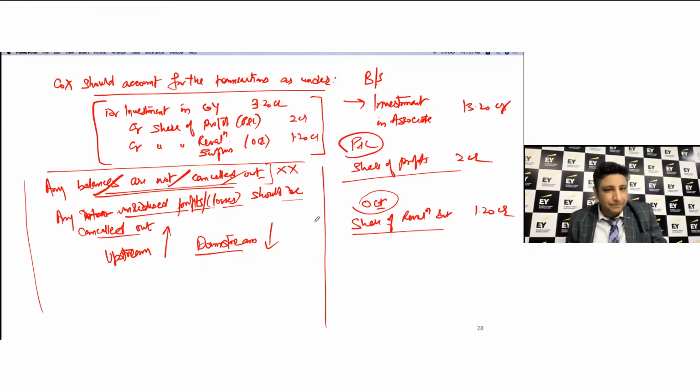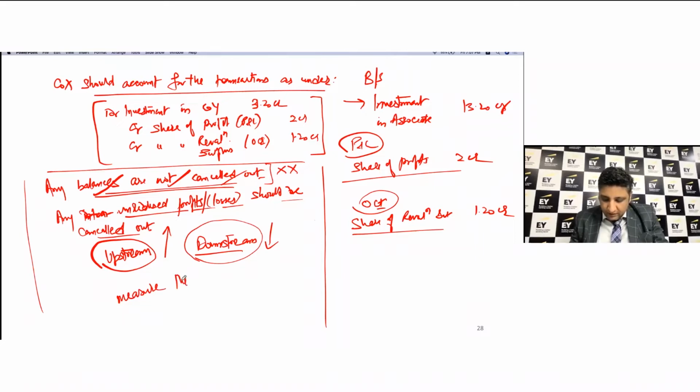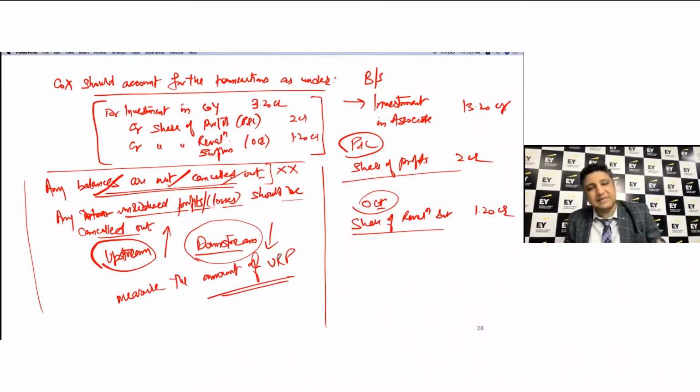So there's no problem. What is important to understand is that we need to measure correctly the amount of unrealized profit in case of an investment in associate and joint venture. We have some examples to look at when we solve these together.